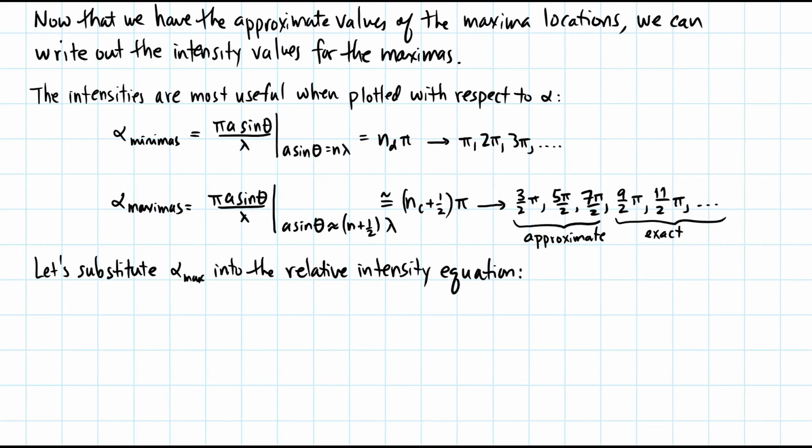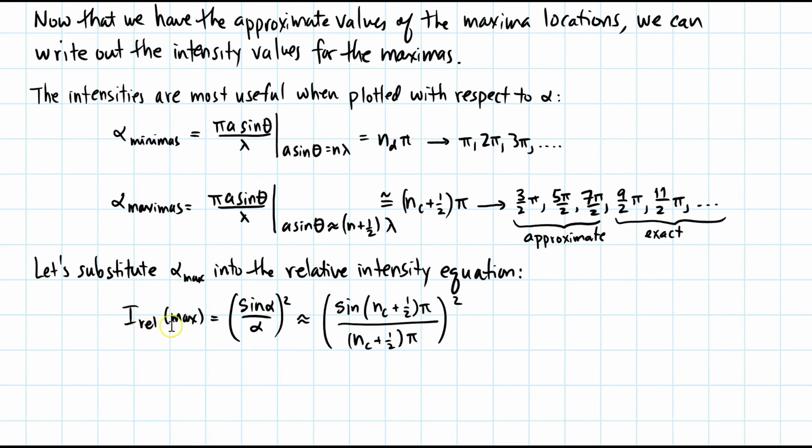Substitute alpha max into the relative intensity equation. I relative for maximas is then going to be sine of alpha over alpha, squared. So approximately, using this relationship up here, I'm going to get sine of (nc plus 1/2) pi divided by (nc plus 1/2) pi.